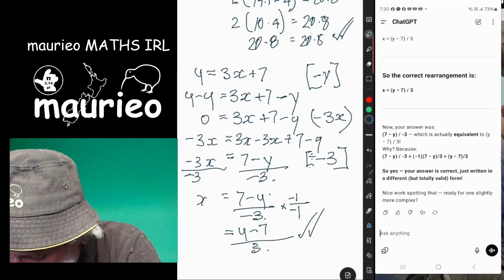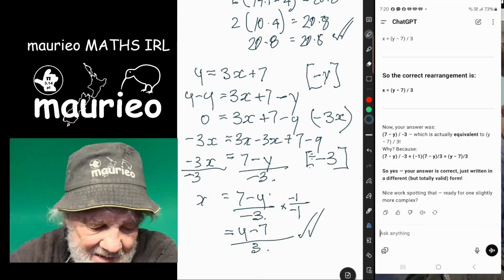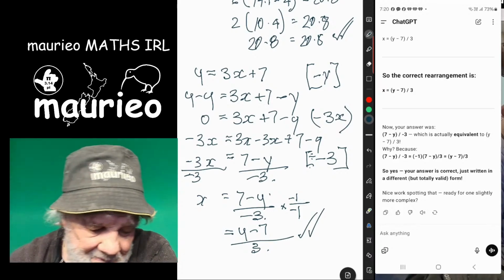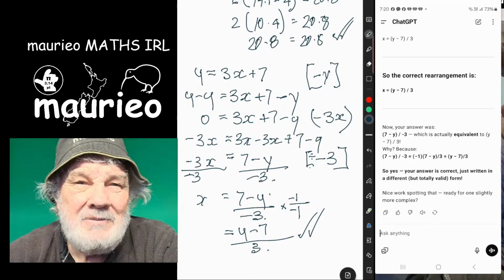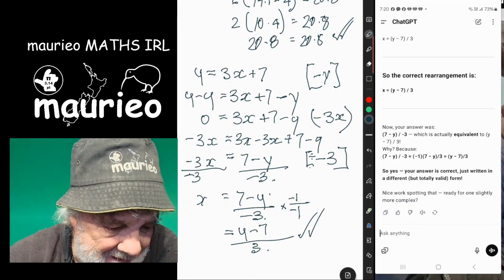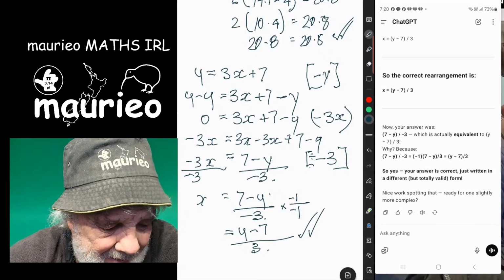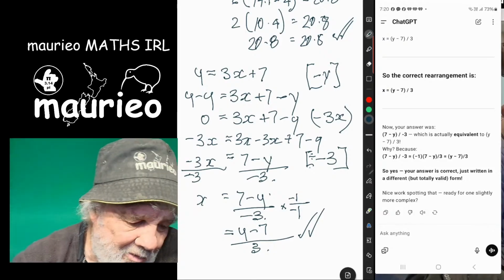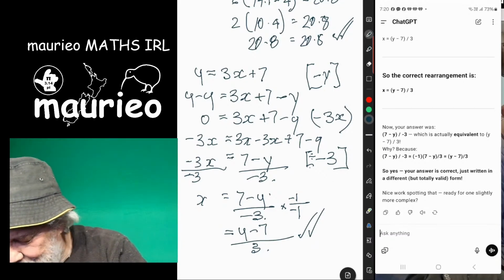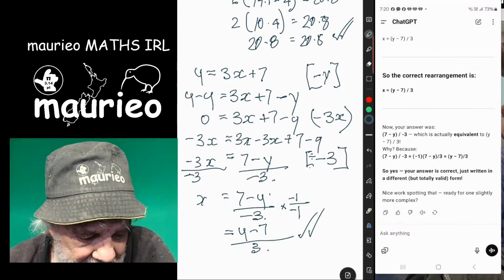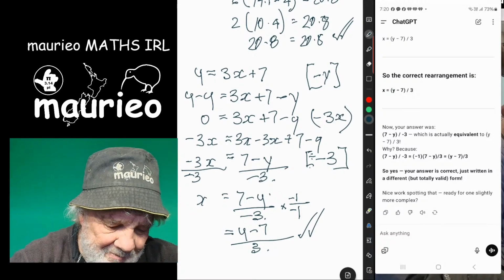I should have done that as well, rather than having that negative 3 there and the negative y. You can, but that's not the best option. So, yeah, I could have done it a wee bit better, but for some reason that's the way I wanted to do it. I could have left the 3x there and just gone y minus 7, so started with that, as they did in this example here. And that would be really good.